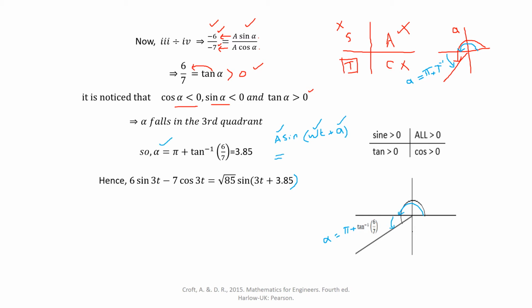So A amplitude was this, sine of omega t, I think it was cosine, if I could remember. Okay, so I think I'm making a mistake.